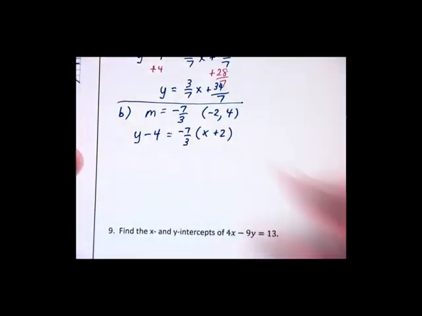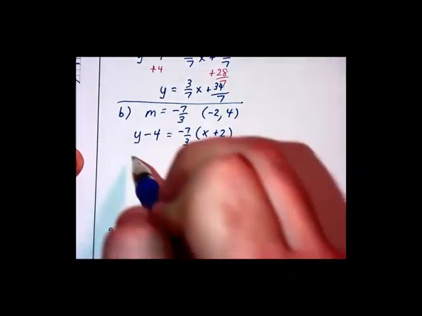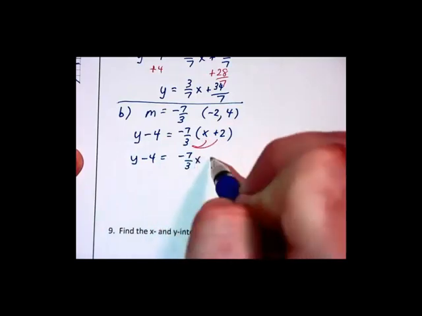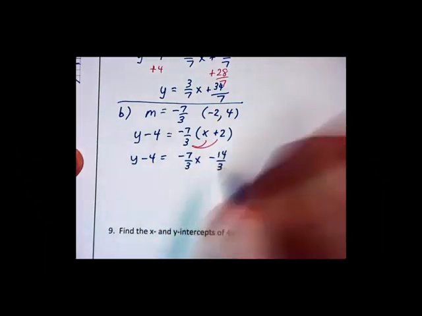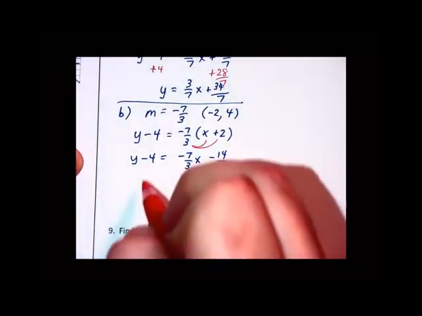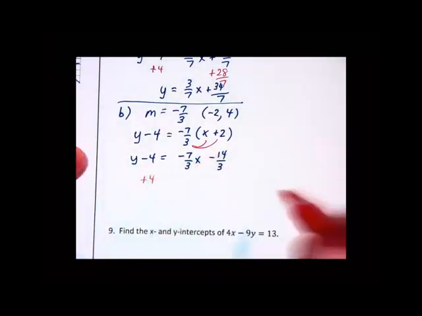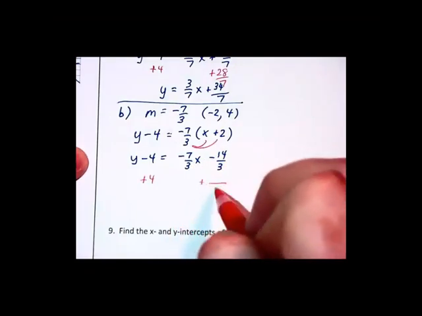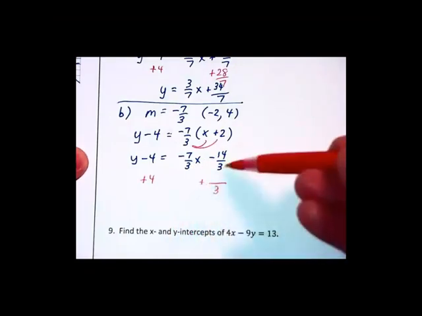We're going to begin by doing distribution on the right hand side. The left side is going to remain y minus 4, and the right side becomes negative 7/3 x minus 14/3. We're going to then want to add 4 to both sides to isolate the y by itself on the left. On the right, when we add, we want to keep a common denominator of 3.